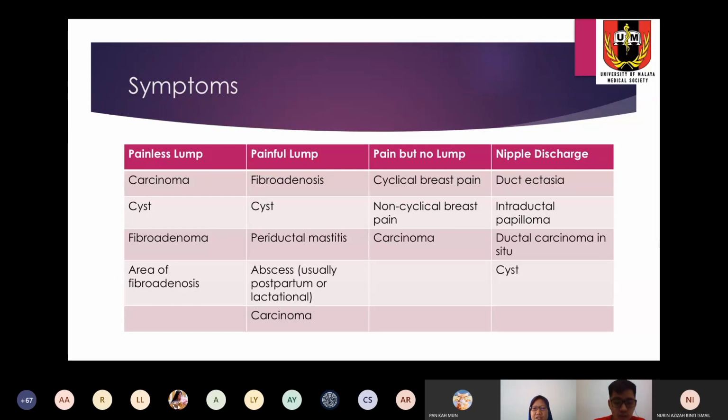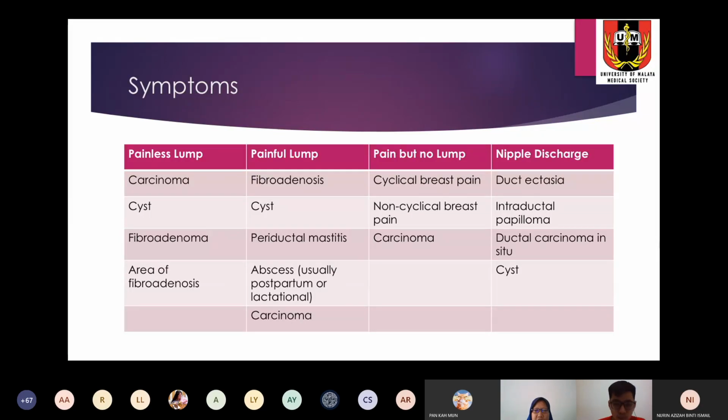Actually, it's just a nomenclature. Normally we call it by what the tumor is, for example fibroadenoma or fibroadenosis. It's good to know because benign lesions can easily be classified that way, so you can understand why it has been divided like that.